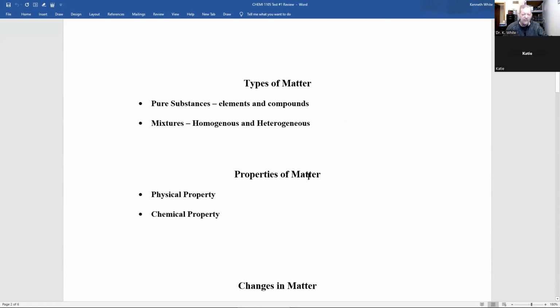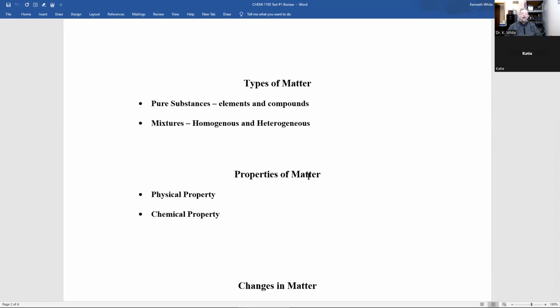Now, when it comes to types of matter, there are different types. One is pure substances, and the two types of pure substances are elements, such as gold or mercury, or compounds such as water or salt, sodium chloride.